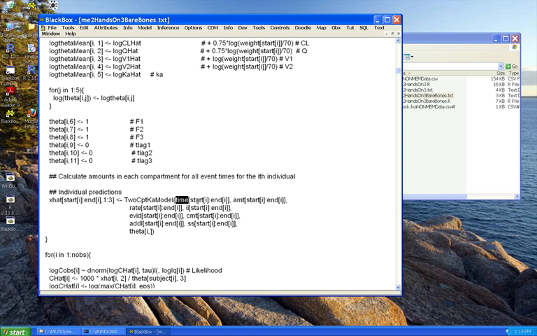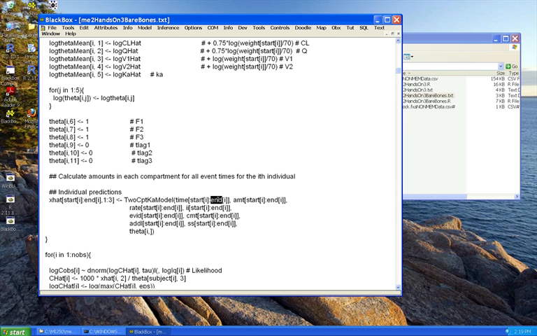So for example, start will be, in the data set, a vector. The length of that vector is the same as the number of individuals, and in particular the ith element in there, in other words start I, will contain the index in the time vector corresponding to the beginning of the ith individual's observations.